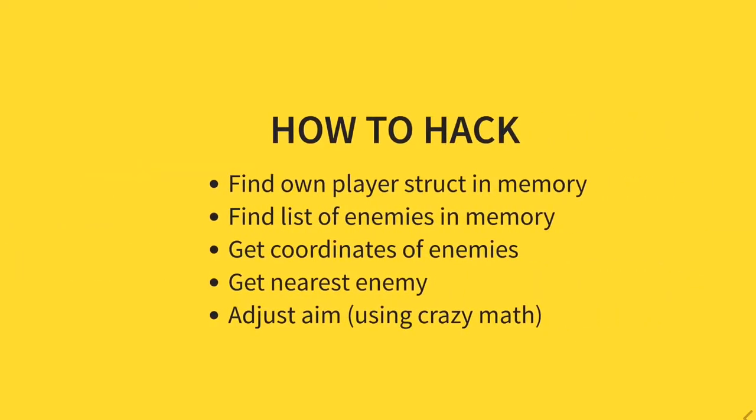The general plan to create an aimbot is to find your own player inside of the memory and get those coordinates from it so you can actually see where you are on the map. You need to do the same for all enemies, so you need to get those coordinates as well. Then I proceeded to calculate who's the nearest enemy, and then I adjusted the aim to this exact enemy.